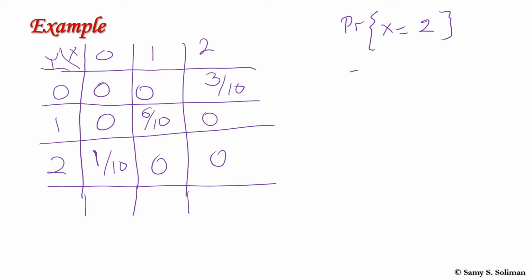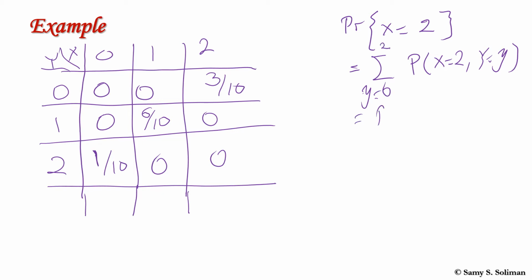So again, as we said, this is the summation of the joint PMF at x equals 2 and y equals small y, for all values of y, which are from 0 to 2.